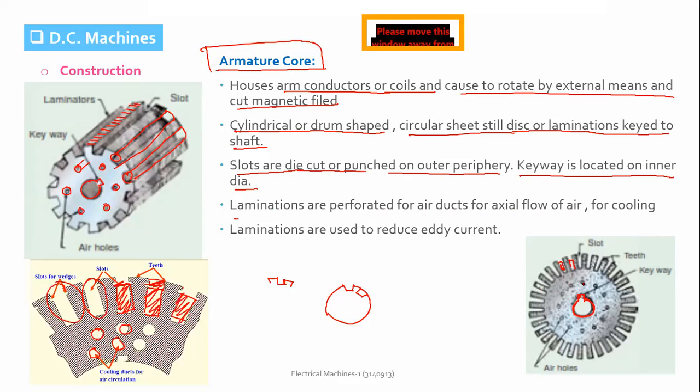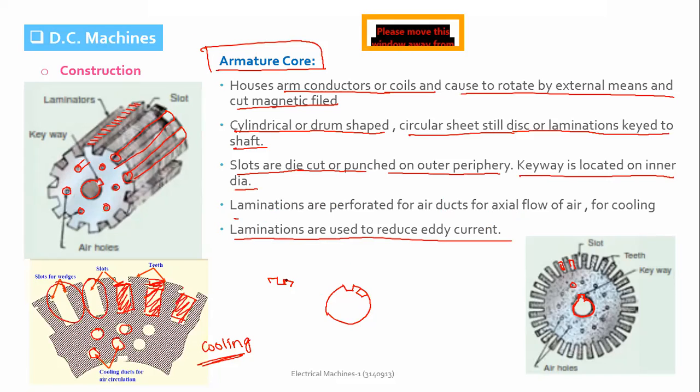These ducts are provided for cooling, because a large amount of heat is generated in the armature. We will see later why the heat is generated in the armature core. These ducts allow axial flow of air so that there will be natural cooling for the machine.